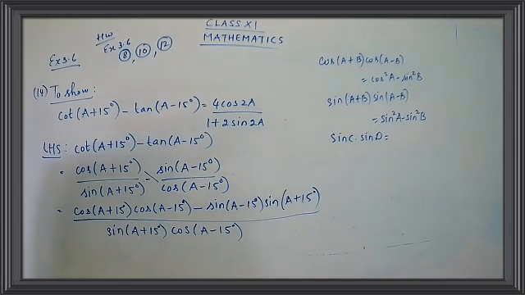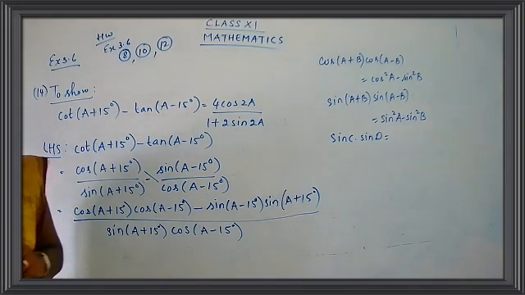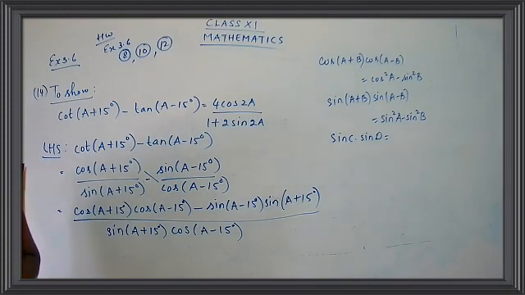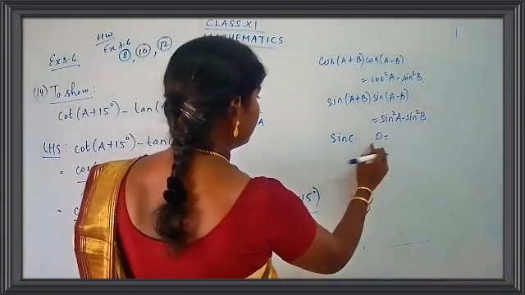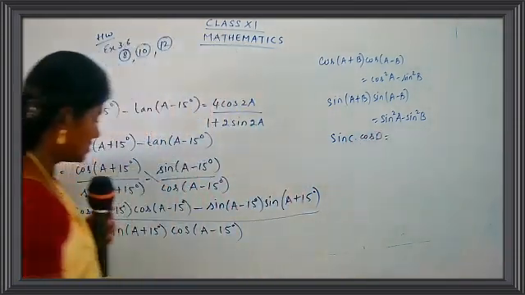Actually, they have given it in terms of A and B. I'll just write down C and D, no problem. Sine C sine D, what is the formula? Sine and cos is there.